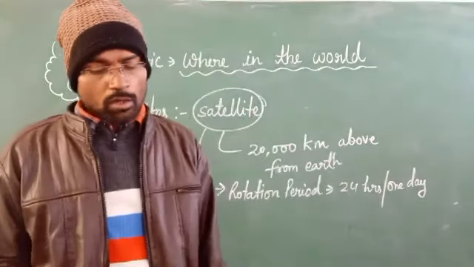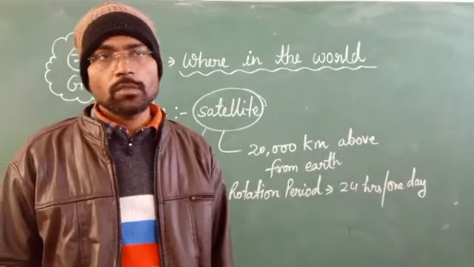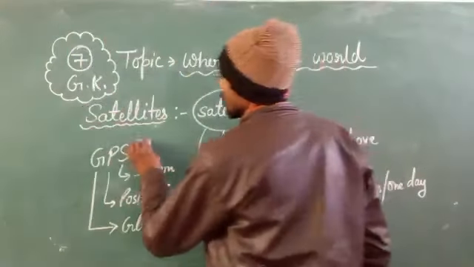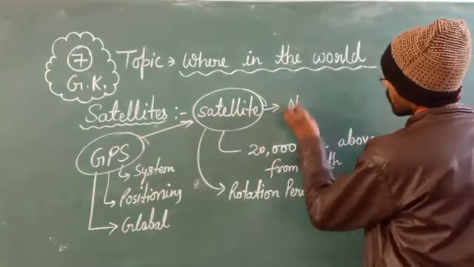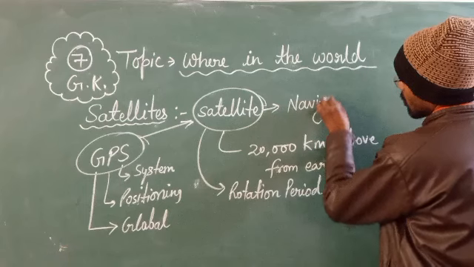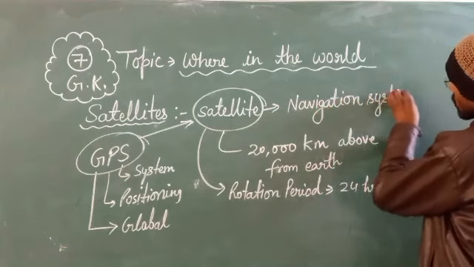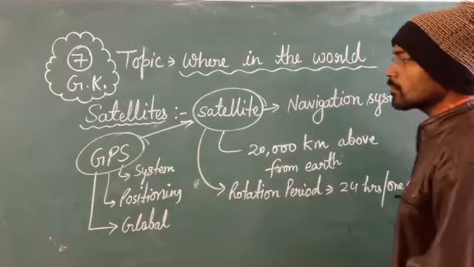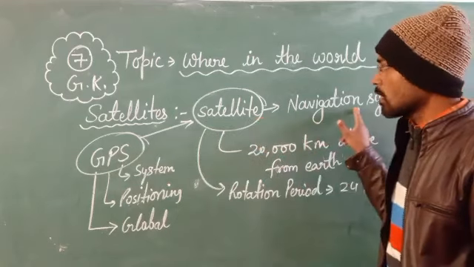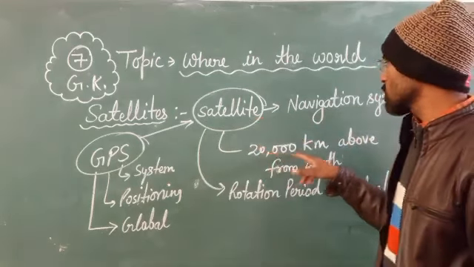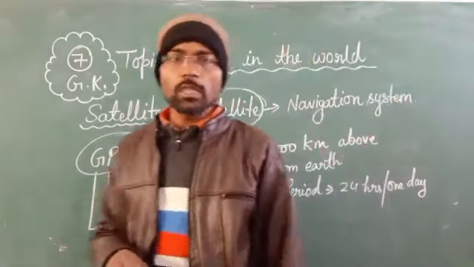Students, the global positioning system is a satellite based navigation system. GPS is a satellite based navigation system that is placed about 20,000 kilometers above Earth, and its rotation period is 24 hours, means 1 day.